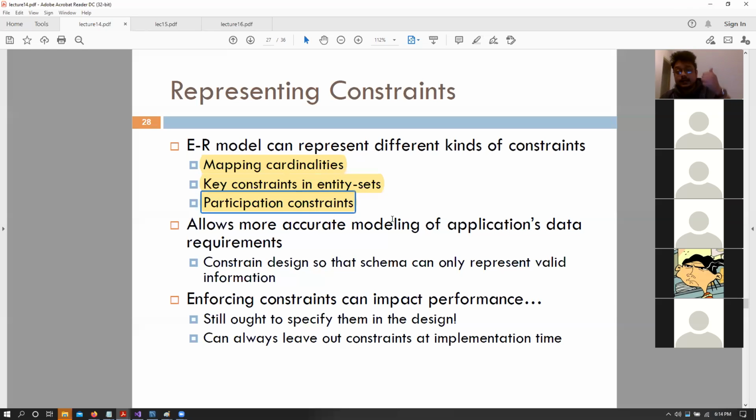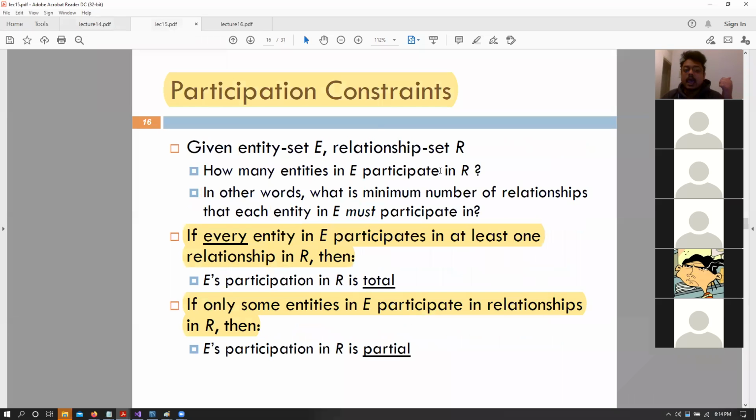This is something that is not represented by your relational model. We could not represent this at all. Well, we could not represent mapping cardinalities that easily either, but participation constraints can never be represented using relational constraints. And on top of that, participation constraints are quite difficult to represent in SQL as well.